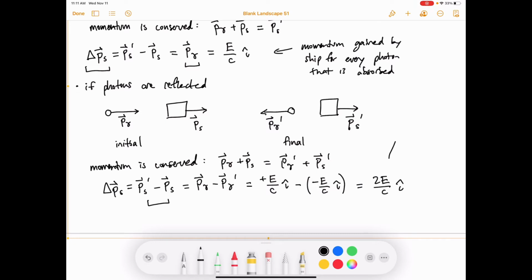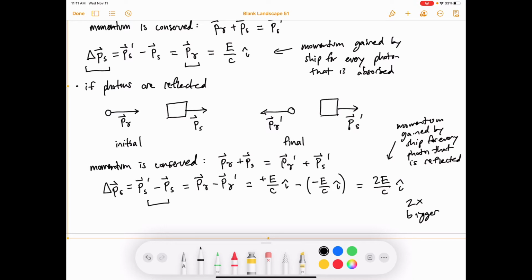So notice that the momentum gained by the ship for every photon that is reflected is actually 2 times bigger than if we absorb the photons, okay?